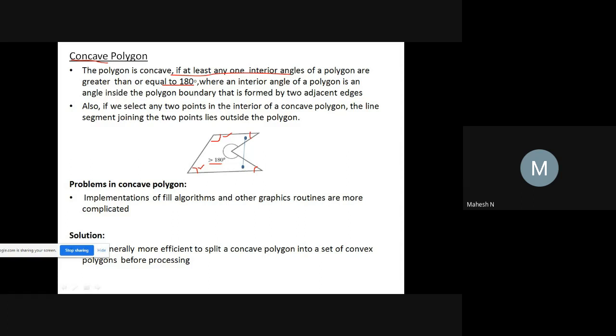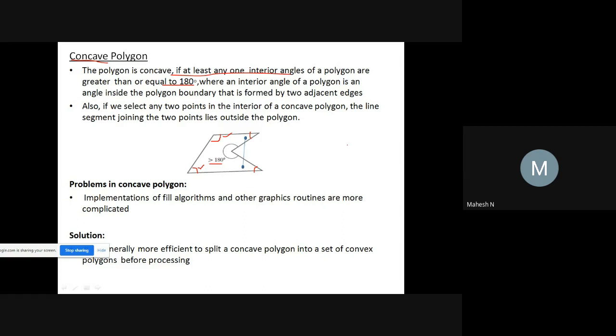Second option: any one of the angles between two edges should be 180 degrees. Third option: none of these. Fourth option: all of the above. In a concave polygon, the angle at at least one edge should be greater than 180 degrees. Such polygons we call concave polygons.